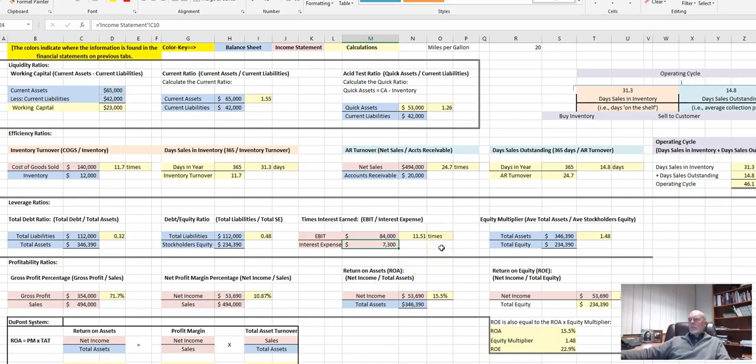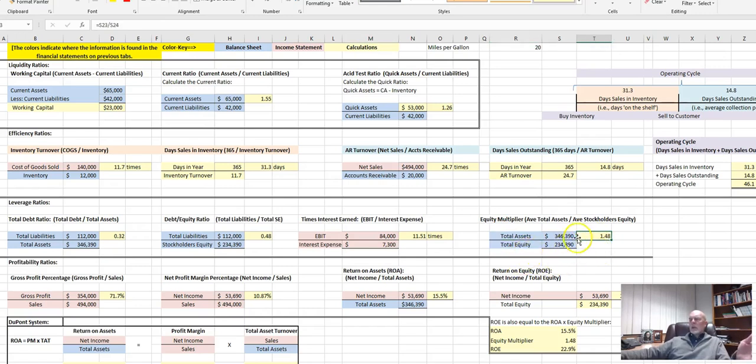And then one other measure that we will be using in a minute is called the equity multiplier. It's calculated as total assets divided by total equity. So in this case, it's $1.48.